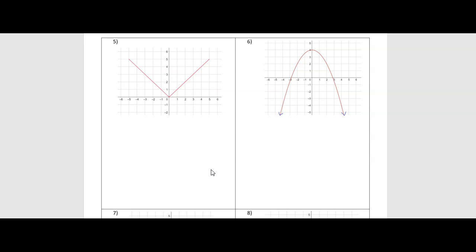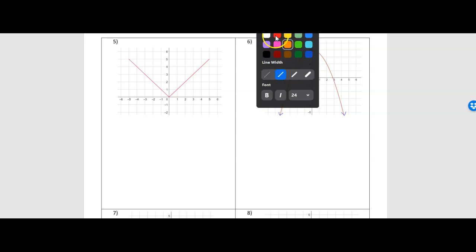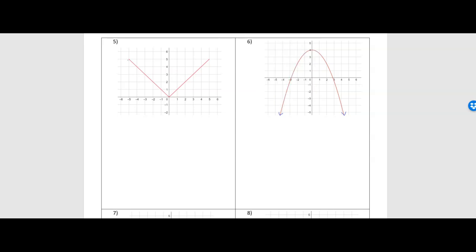So if we look at this graph right here, and we just plot some points, right? There's an infinite amount of points, so we're not going to plot all of them, but we can plot some. We have this point, -5, 5. We've got a point here, -2, 2. We've got the origin, 0, 0. We've got 3, 3.